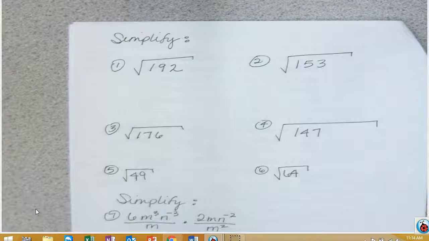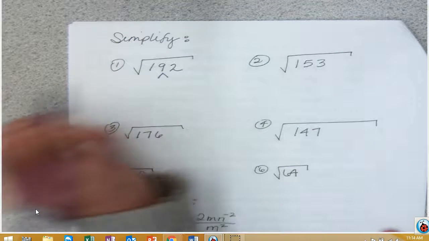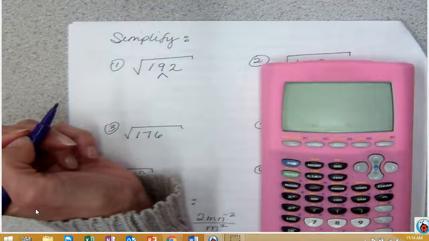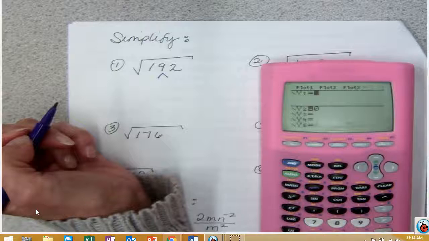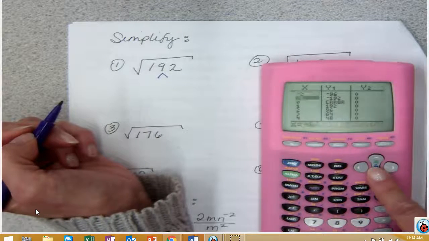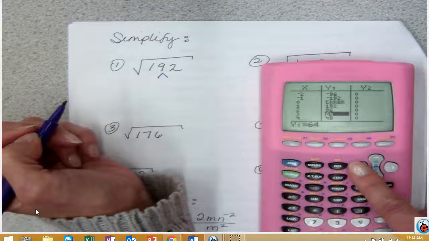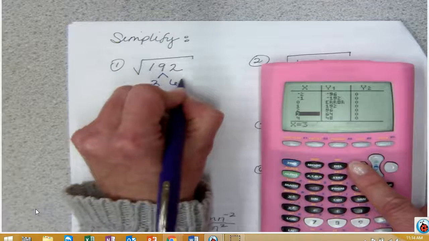Here we go. Simplify these. What two numbers multiply to give me 192? I'm going to look for 192 divided by x. I'm going to look for where my perfect squares are. I know 64 is a perfect square, so I've got 3 times 64.